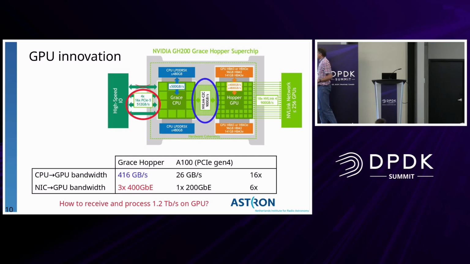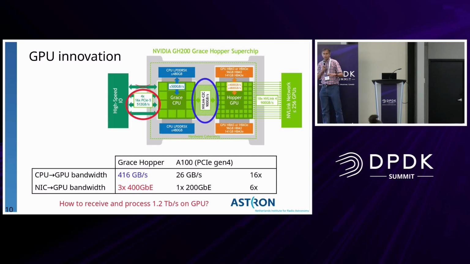On the left, you see that there are 4 PCI Express slots. Well, there's not a Grace Hopper system that exposes all of them, but there are systems that expose 3 PCI Express slots, and we can stick in 3 400 gig Ethernet interfaces.